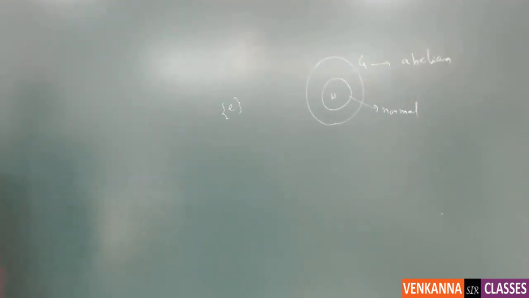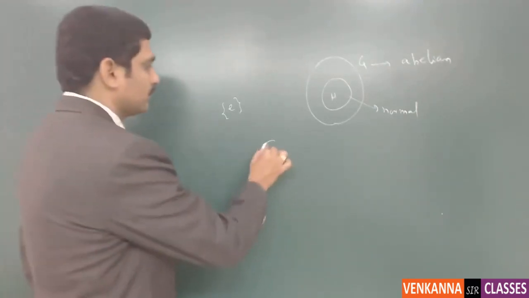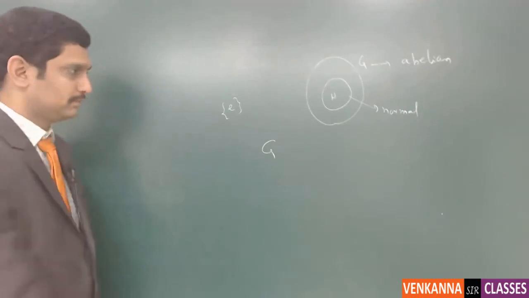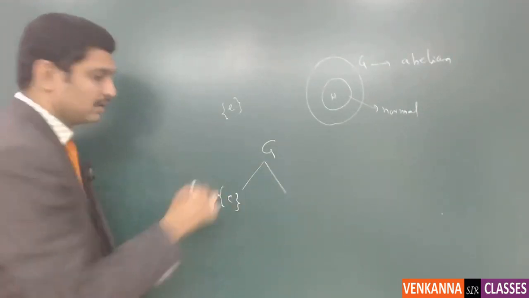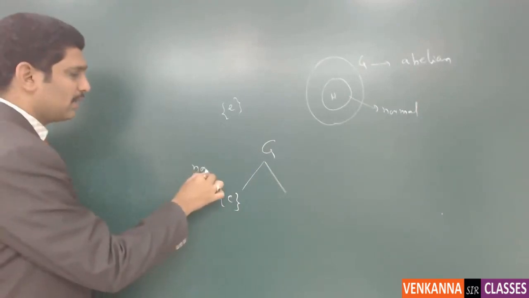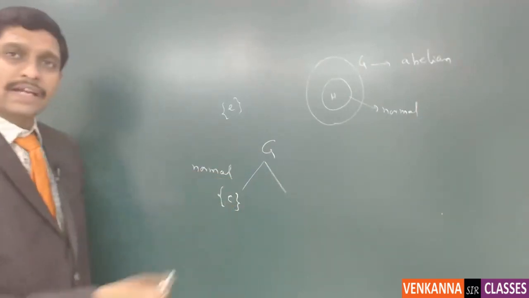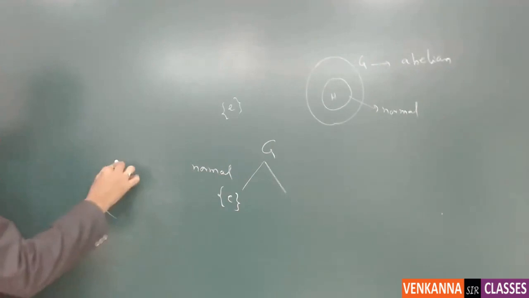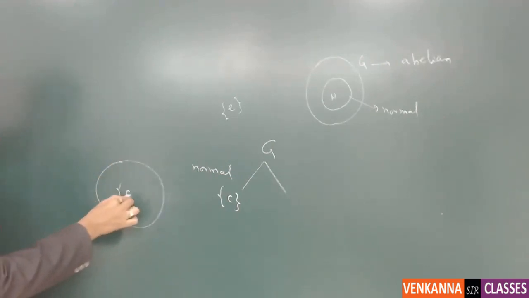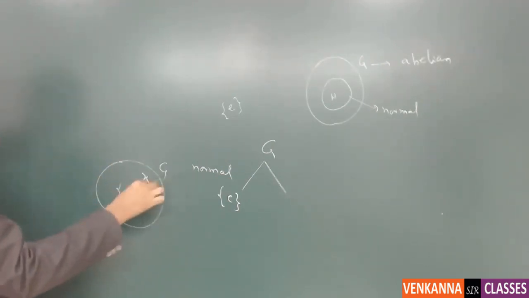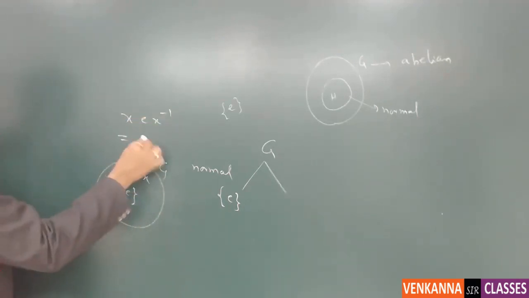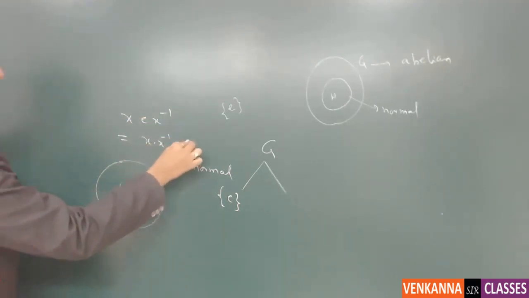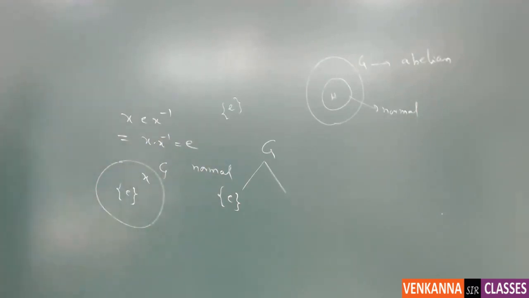How will the trivial group G be normal? Let me say, if this is the group, it is by default normal because it satisfies the property that if you consider x e x inverse, this is nothing but identity.